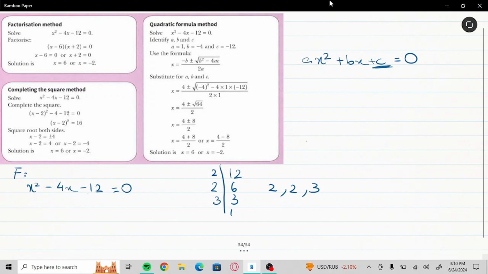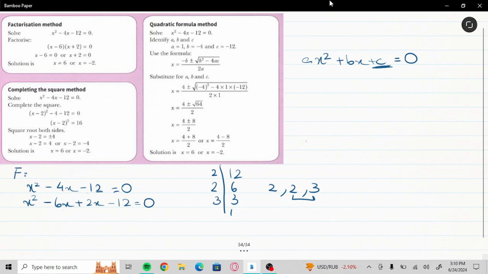That's where many people get confused about how to make this. It's all about practice. You can multiply each of these. So 3 times 2 is 6, and 6 minus 2 is 4. So we can use 3 times 2 is 6. So x squared minus 6x plus 2x minus 12 is equal to 0.